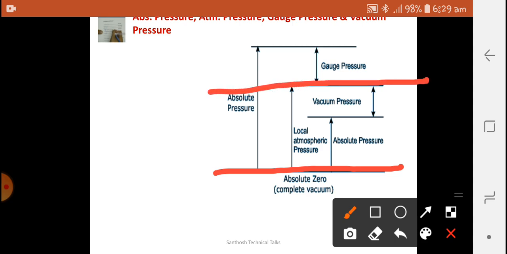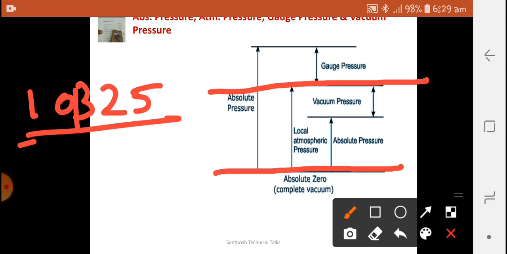This is the pressure we measure at sea level, commonly noted as 101,325 Newton per meter square. So this value is the atmospheric pressure.